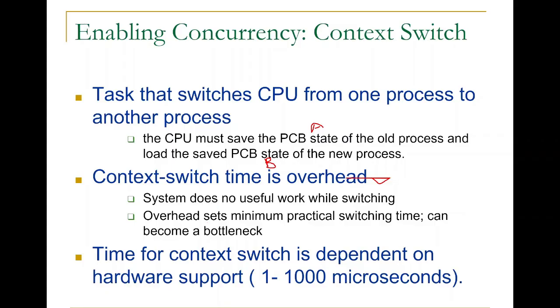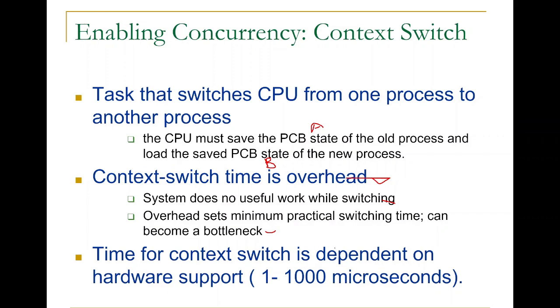The system does no useful work while switching. The overhead sets a minimum practical switching time and can become a bottleneck. So there needs to be a very short context switch time so that it does not delay processes from happening, all right?